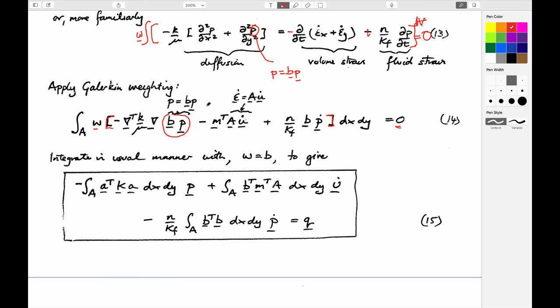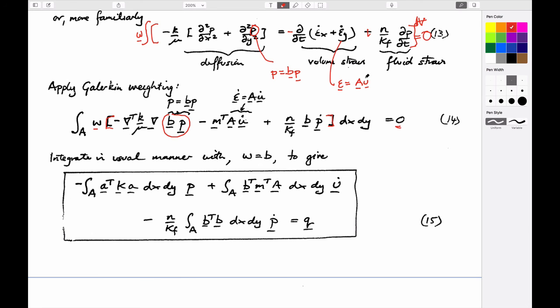And I guess also these are strains, so we know that strains are equal to our solid mechanics A term multiplied by nodal displacements. So these are strains at a point. It's a vector because there's strains in x, y, and shear strains. There's 3 components. And these are nodal values of displacements.